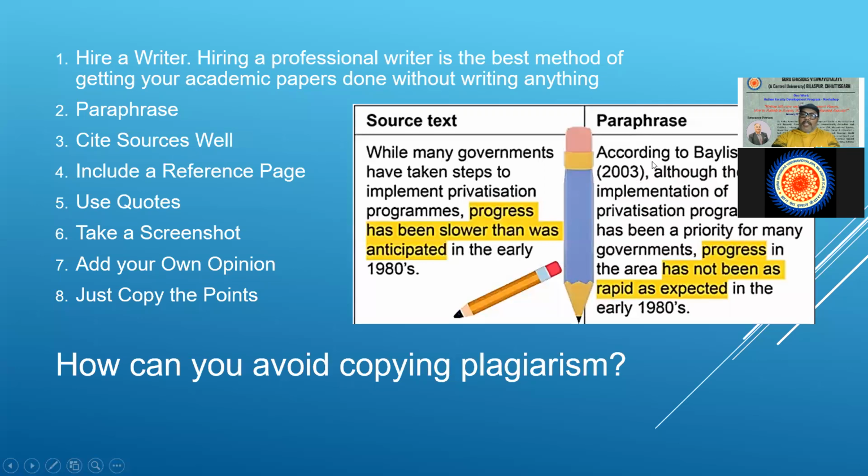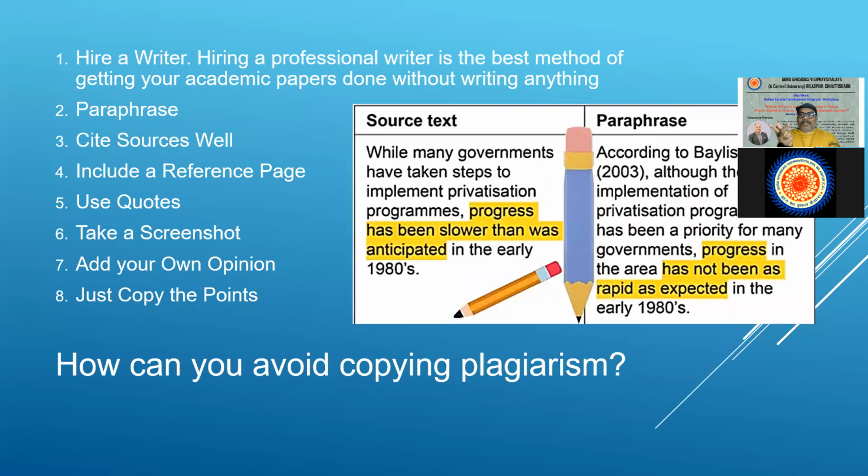But as far as the citation is concerned, somebody has used it in the paraphrase. So how can you avoid copying plagiarism? In this way. Some words may match, like progress has not been as rapid, but here it is just the opposite of that, has been slower. Slower is the opposite of not been as rapid, isn't it?